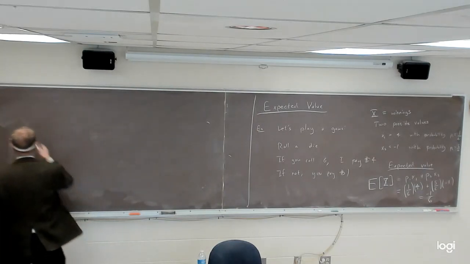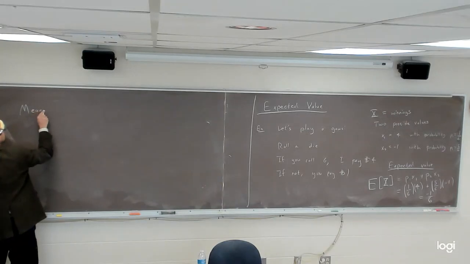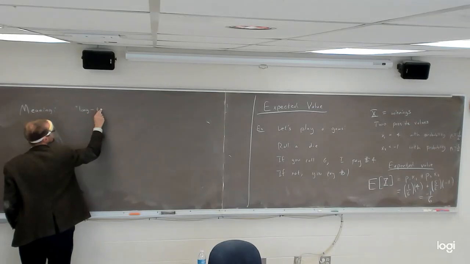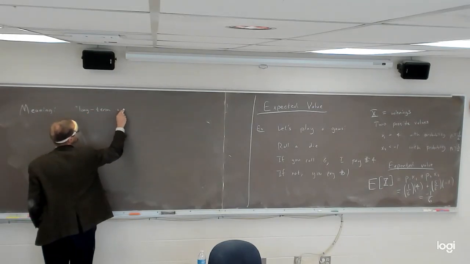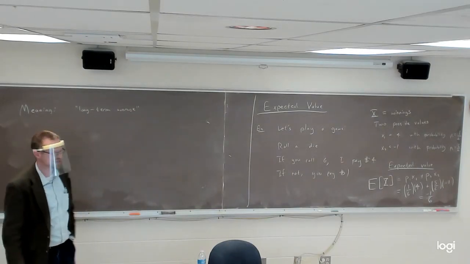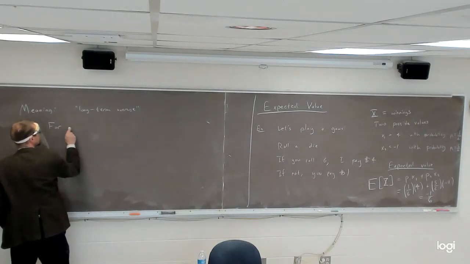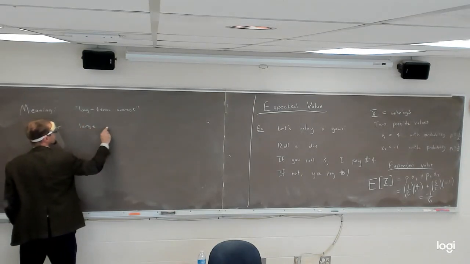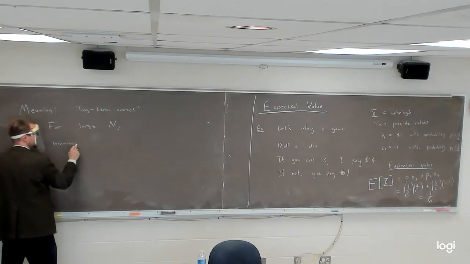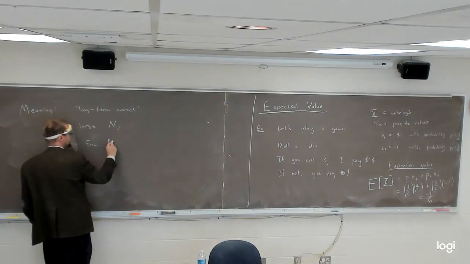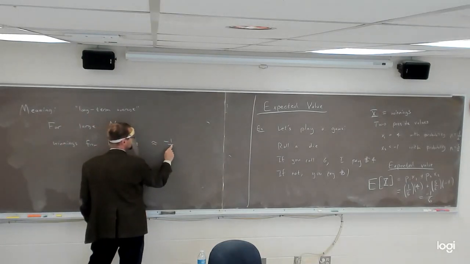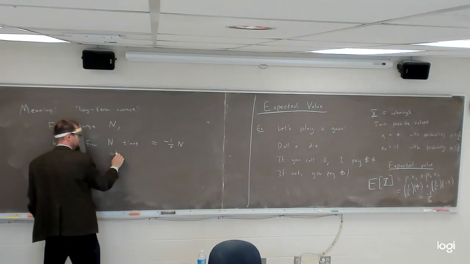So the meaning is a long-term average. If you were to play this game n times, for large n, your winnings from playing n times are going to be approximately negative 1/6 n with high probability.